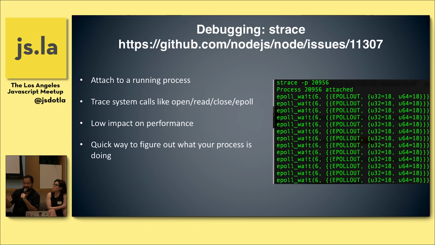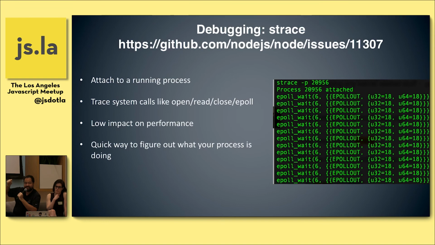That made it go in and out of the main loop, and it consumed all the CPU on the machine. Using strace, which is a standard system call tool, not related to Node, but very useful in that case, we're able to know which sockets are open and which events they're seeing. And there you see that socket number 6 is actually getting an EPOLLOUT event in a loop from the strace output.